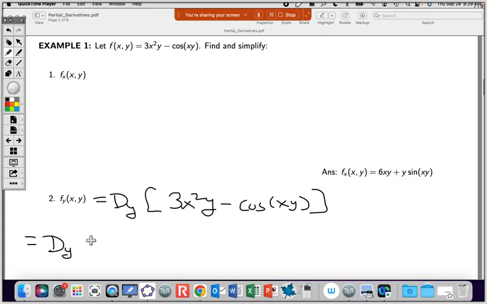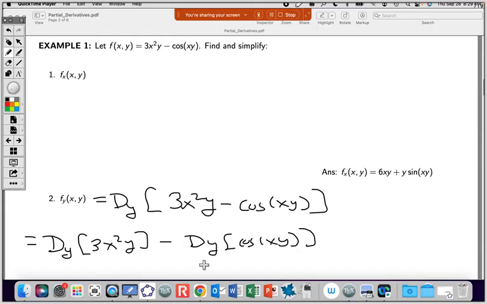We've got the sum and difference rule. We've got the constant multiple rule. In this case, 3 is a constant, but what else is a constant? Since I'm taking the derivative with respect to y, who else gets treated like a constant in the first term there? The x squared. So the 3x squared comes out front.